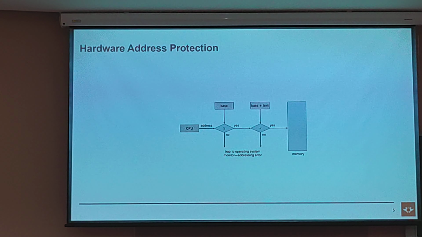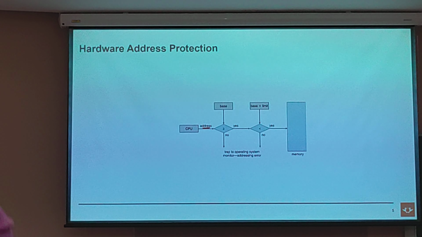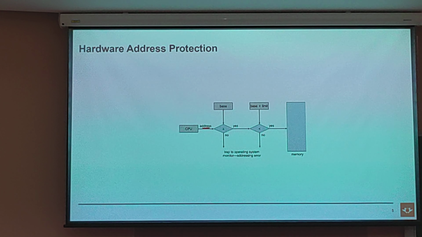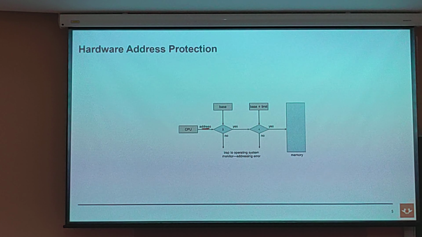In this case, the CPU has a specific address that it wants to access. It checks whether the address is greater than or equal to the base, yes it is. Then it adds the base plus the limit and checks that, and then you can access it. It uses the base register to figure out where in memory it has to go.